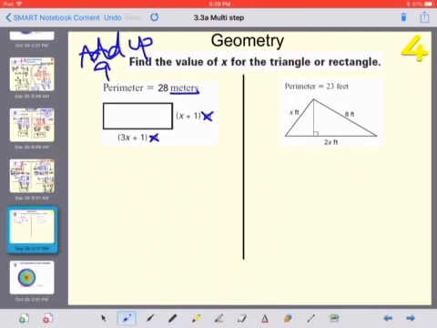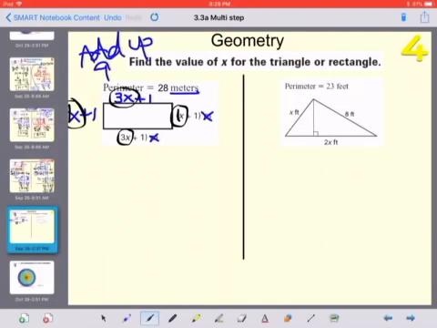If the right side is x plus 1, the left side is also x plus 1. Same with the bottom, 3x plus 1. Top is 3x plus 1. So we're going to add all these up, so I'm going to combine all my x's first. 3x, this is really a 1x, 3x, and 1x.